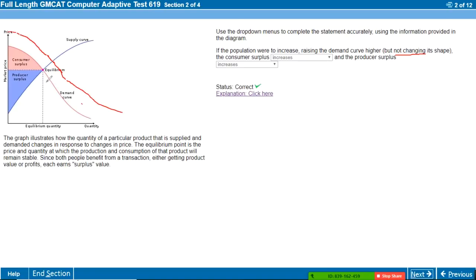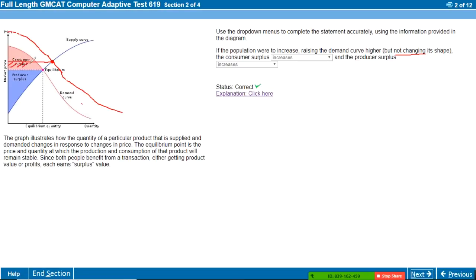So what will happen first of all? You will have an equilibrium point which is moving further apart over here. So with this new equilibrium point, you now need to just understand how the consumer and producer surplus are going to change. With this new horizontal line defining your consumer and producer surplus, you find that this portion is getting removed.